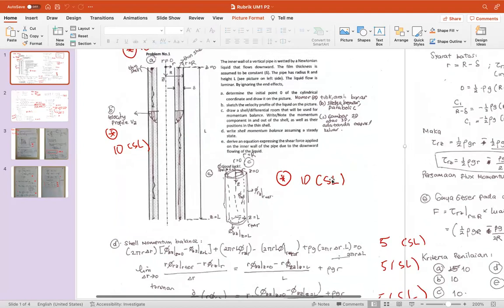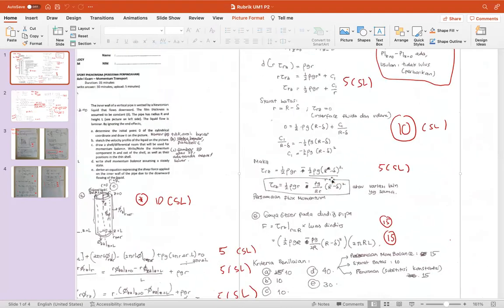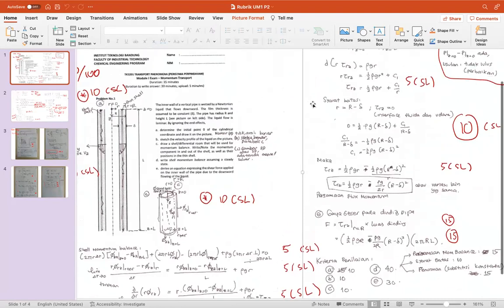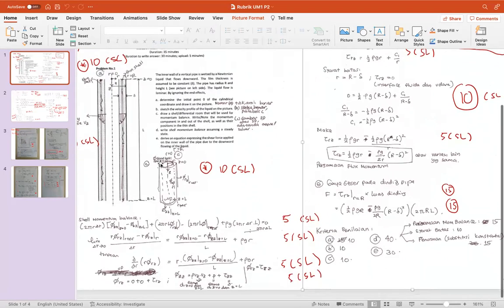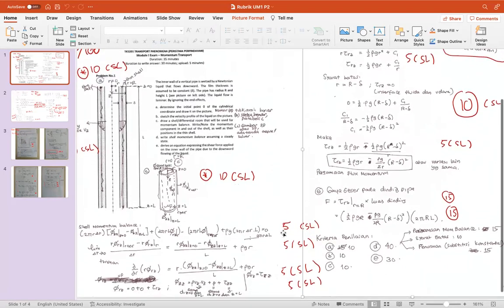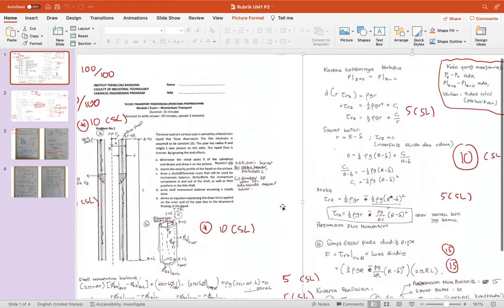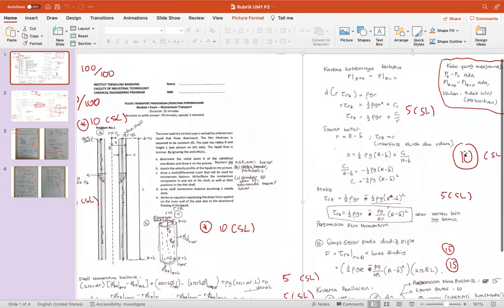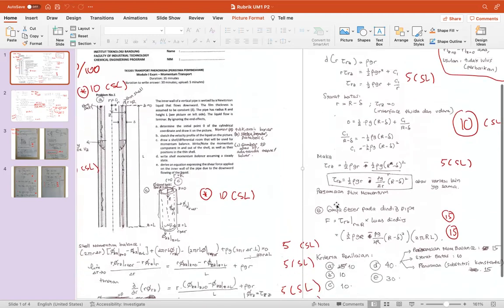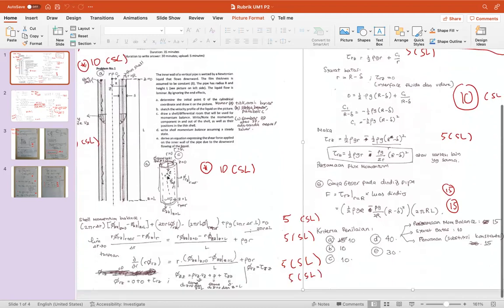After that you get part D, the shell momentum balance assuming a steady state. There are about 40 points in part D. So you have to write the momentum balance.